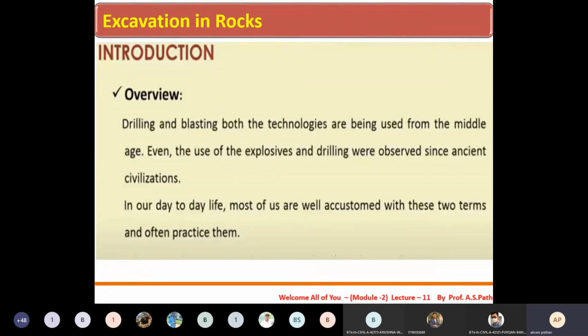Drilling and blasting, these two technologies were used in the olden days also. Even the use of explosives and drilling has been observed since ancient civilization. In our day-to-day life also, most of us know about these two terms, drilling and blasting.